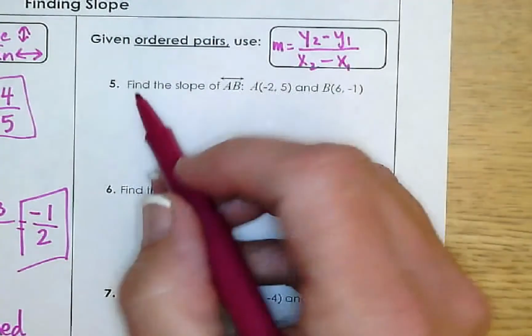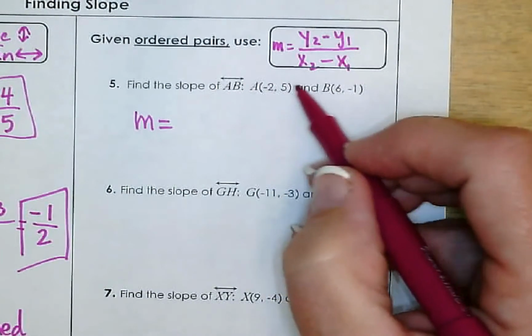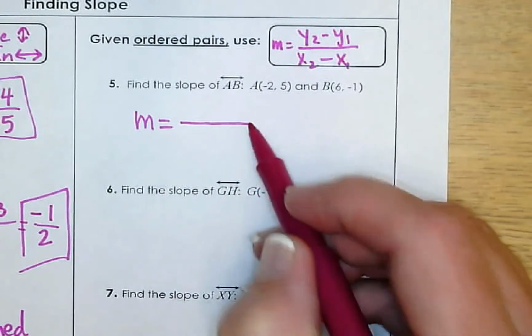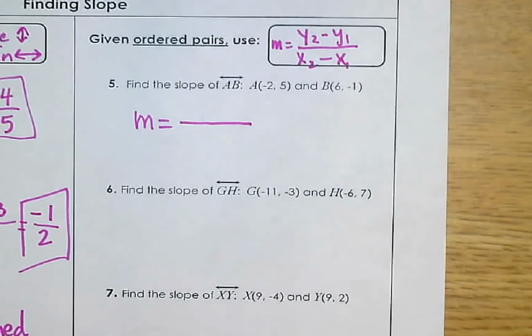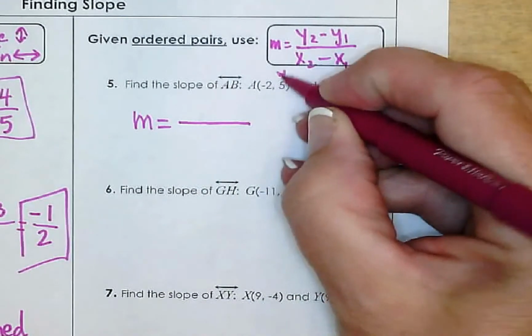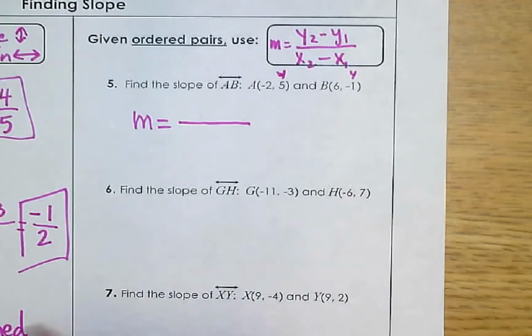Some of you will need to identify which one is which, if that helps you. The error that a lot of students make is they forget to do the y's on top. So maybe you want to mark your y's. Don't mark the other ones, just mark your y's, and those are where you're going to start.